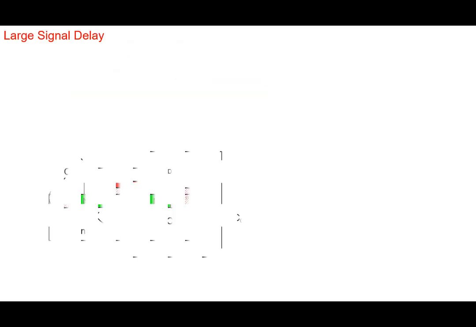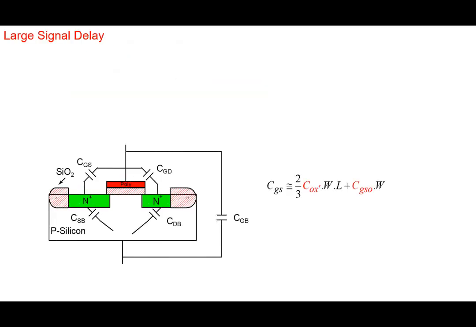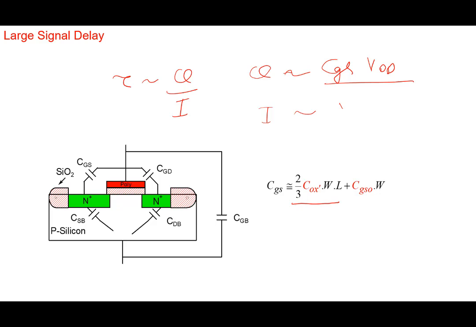If you are interested in a large signal delay, a very simple large signal delay, tau equal to Q over I, I would suggest that you write Q as simply CGS times, let's say, VDD, and you have I, which is W by L mu Cox prime, VGS minus VT square by 2.